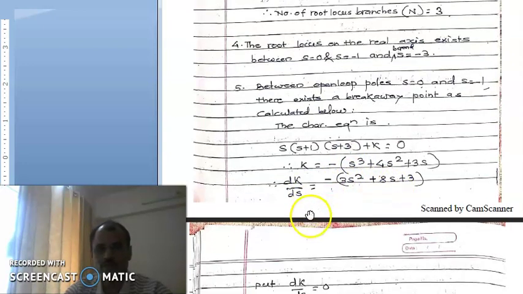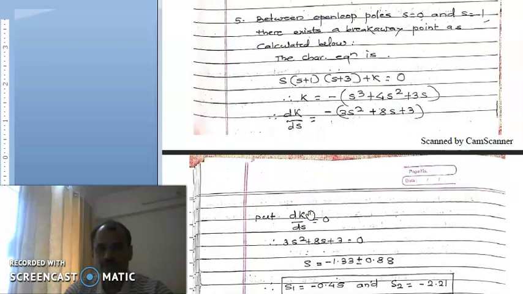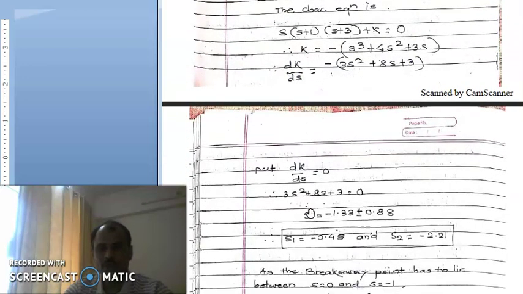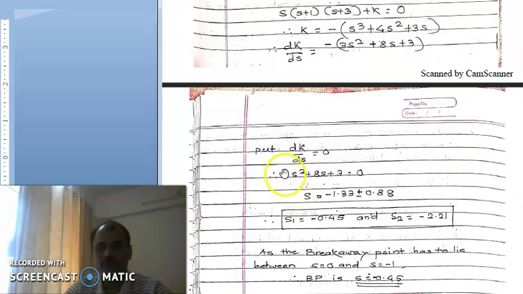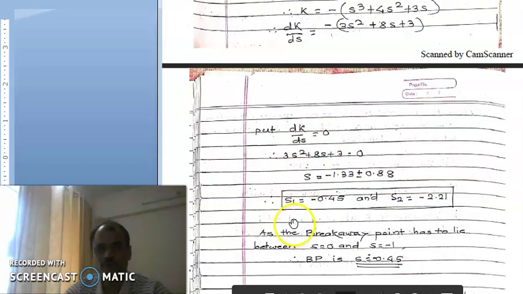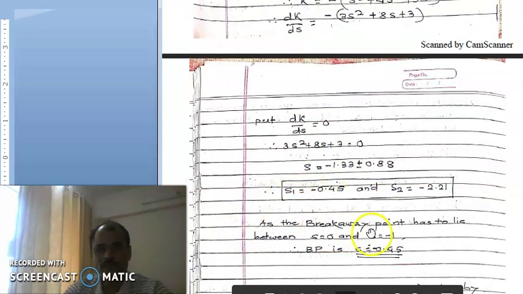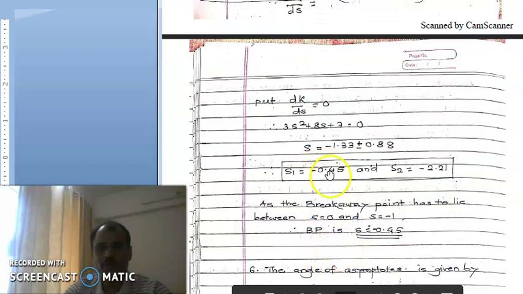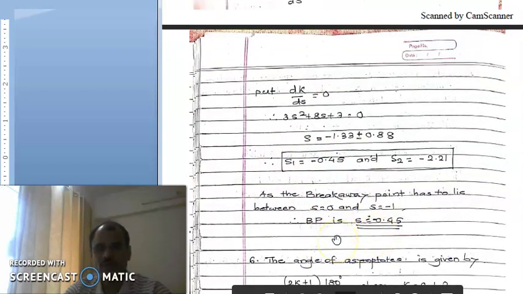I hope you understand. We have limited time, so we'll run a little fast. Equating the derivative to zero, we will have the breakaway point. As the breakaway point has to lie between the first pair, that is 0 and -1, the first root is applicable, and therefore the breakaway point is s equal to -0.45.